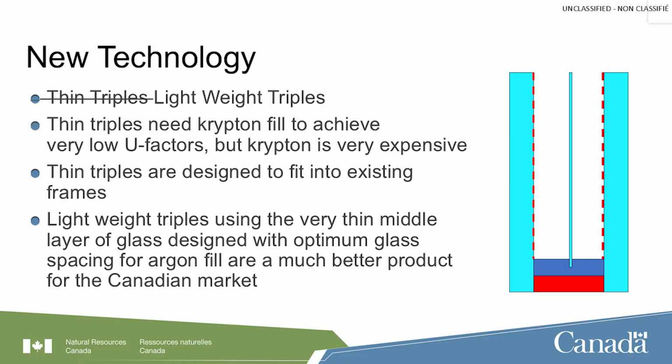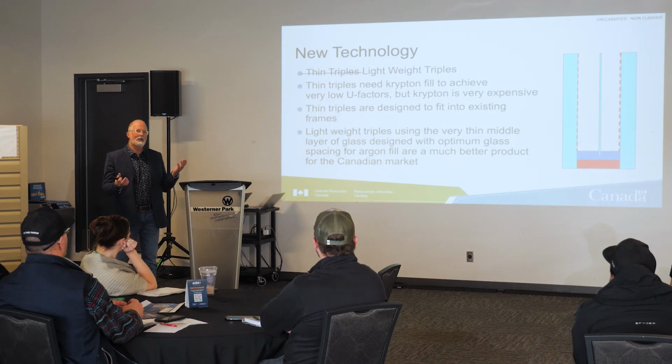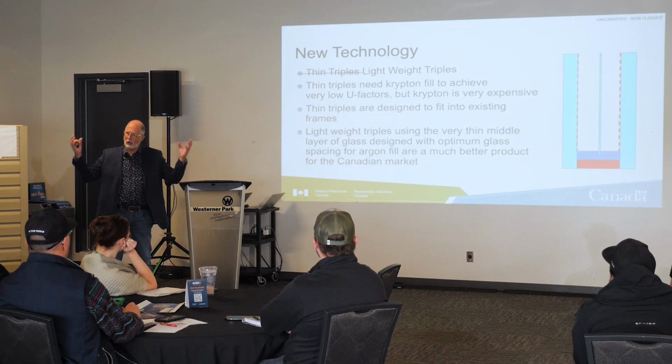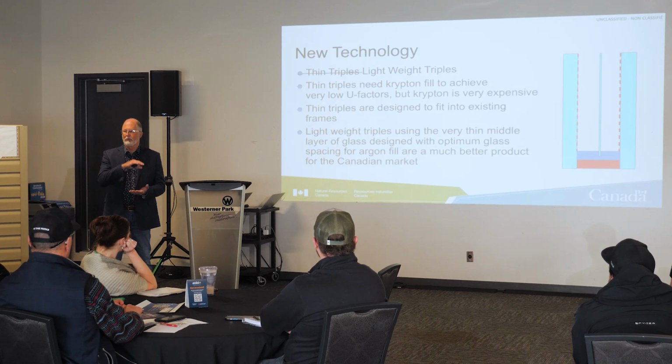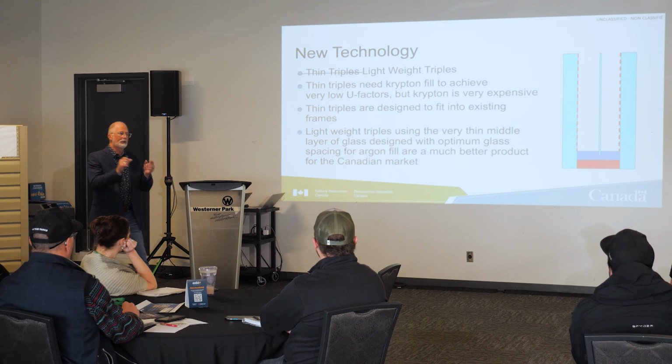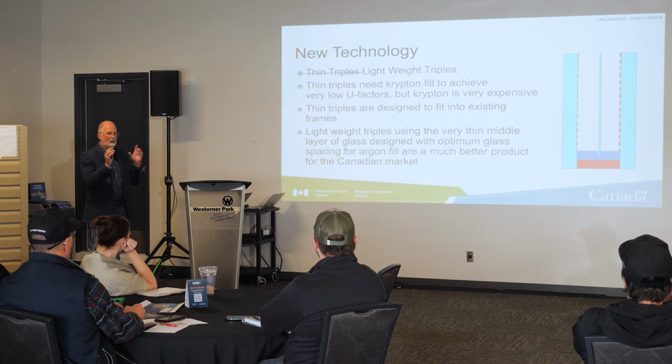And then new technology, thin triples. So they talk about thin triples or lightweight triples. Really the difference between the two comes down to the frame itself. You can make an overall triple glazed window that's relatively lightweight. You make a smaller frame, you put smaller glass panels in, things like that.